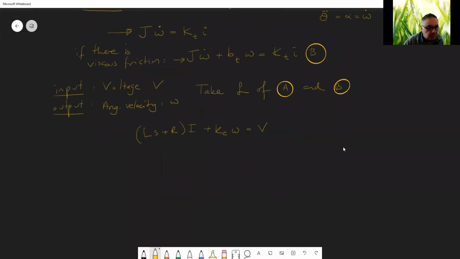Secondly, J omega dot, so (Js plus Dt) omega equals the torque. But the torque was given by, as you remember, Kt times I. So let's use capital I here. Let's call these equations 1 and 2.